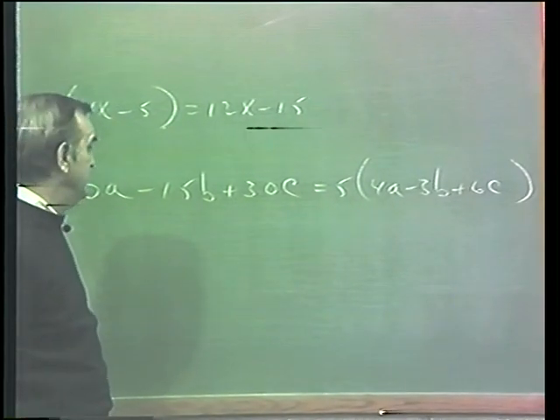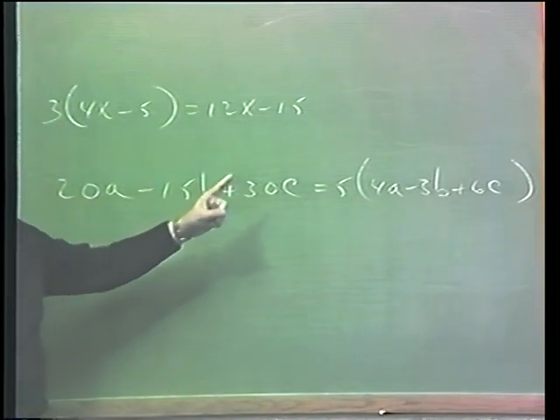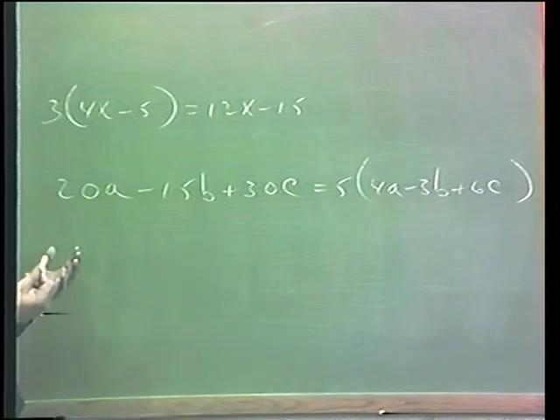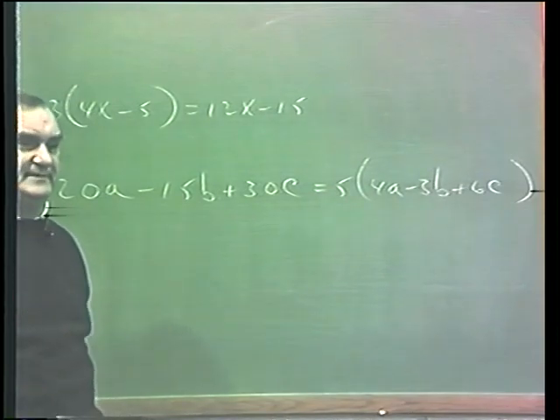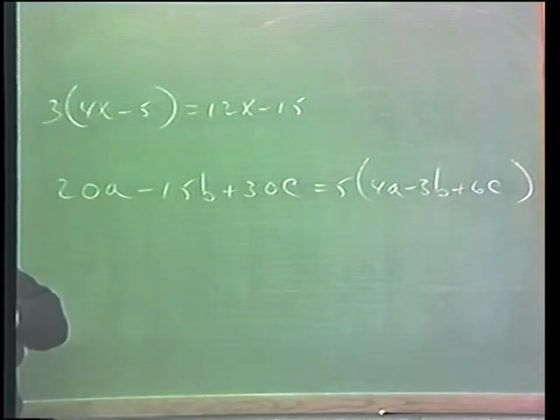That's correct. My question is, once you determine what goes outside, what you are extracting, how do you find out what goes inside that parenthesis? Multiply by 5? No, I don't think so.